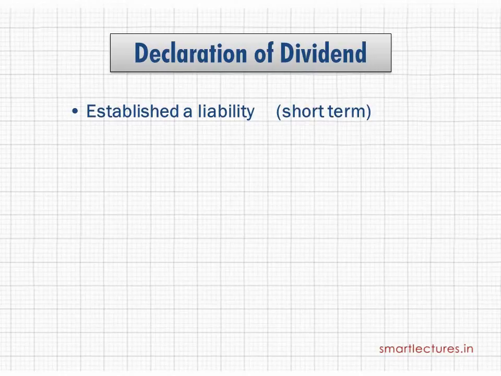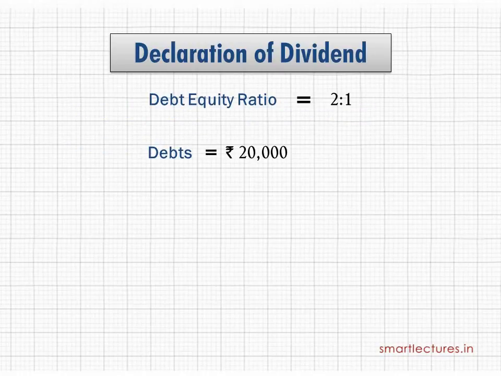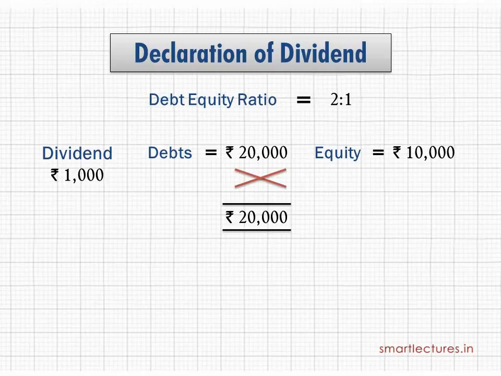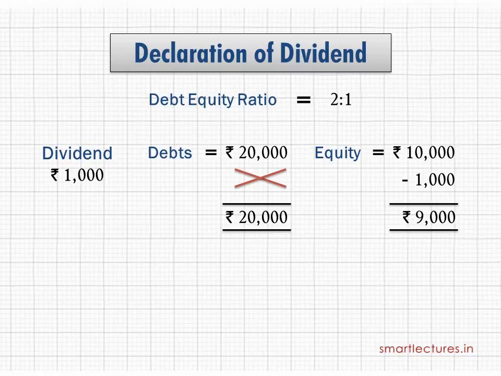And on the other side, the company has lost profits of rupees 1,000. So debts are, suppose, 20,000, equity is 10,000. Debts will remain as it is, 20,000, but equity will be reduced by rupees 1,000, which means the new equity will be 9,000 because the company is going to lose profits from its books.